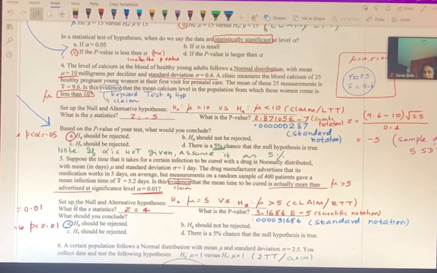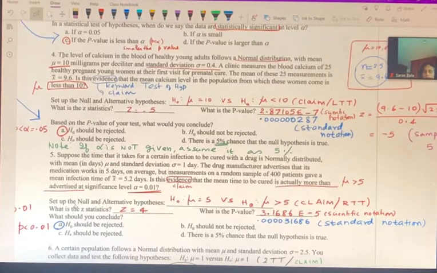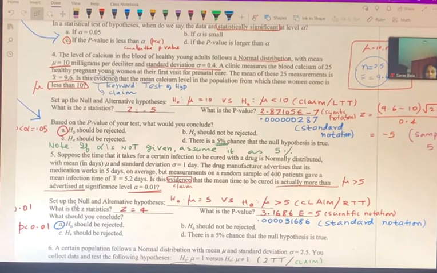Okay, so what is the null? Oh, there is one more thing. You are going to see, is there any evidence that the mean calcium level in the population from which these women come is less than 10? I see the keyword less than 10, and that helps me construct my alternate hypothesis.